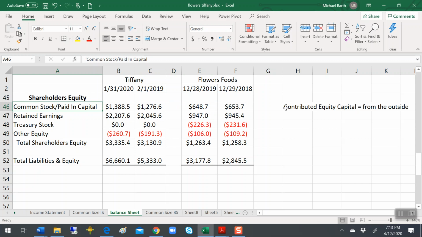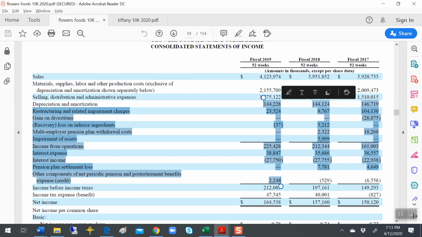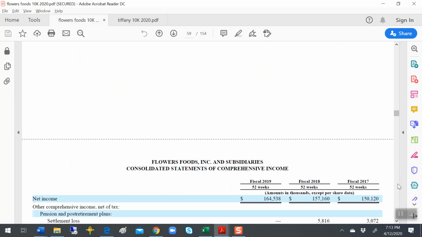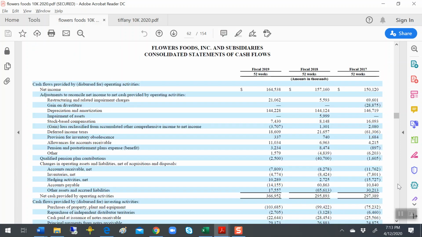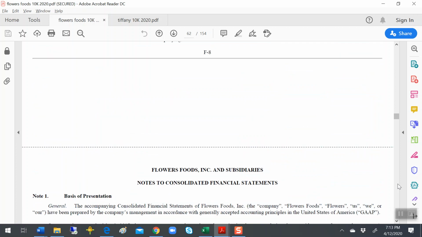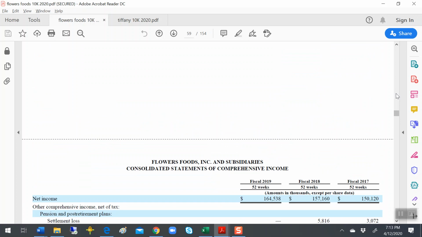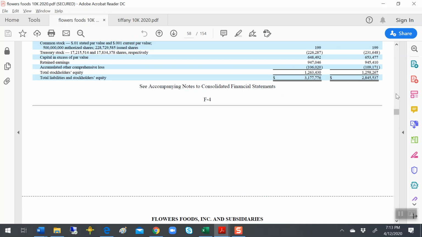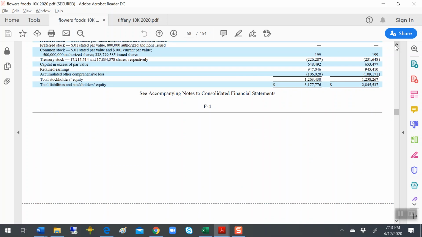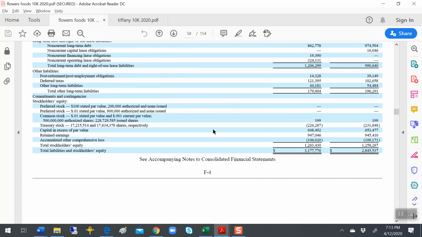There are some technical reasons for a difference, and you'll see companies reporting a difference on their balance sheet. If we go up here and look at a balance sheet, Flowers Foods, it's a little bit hard to read, but you'll have access to the 10-Ks because they're posted on the site.